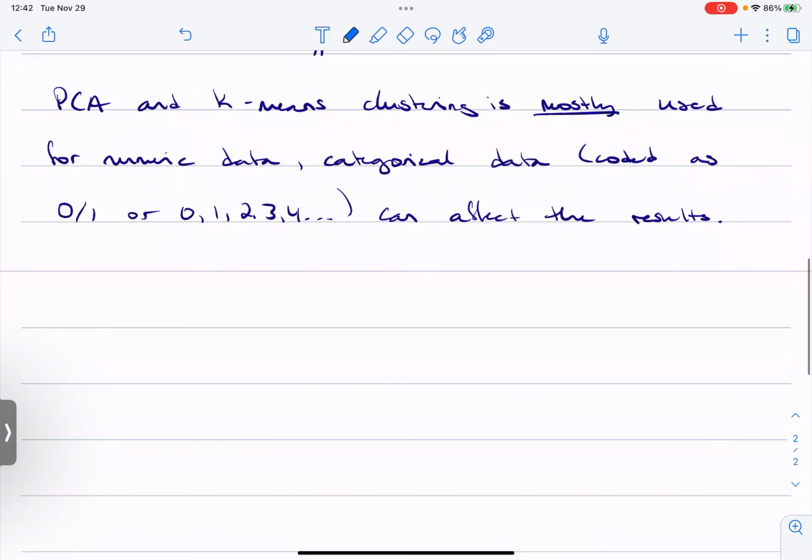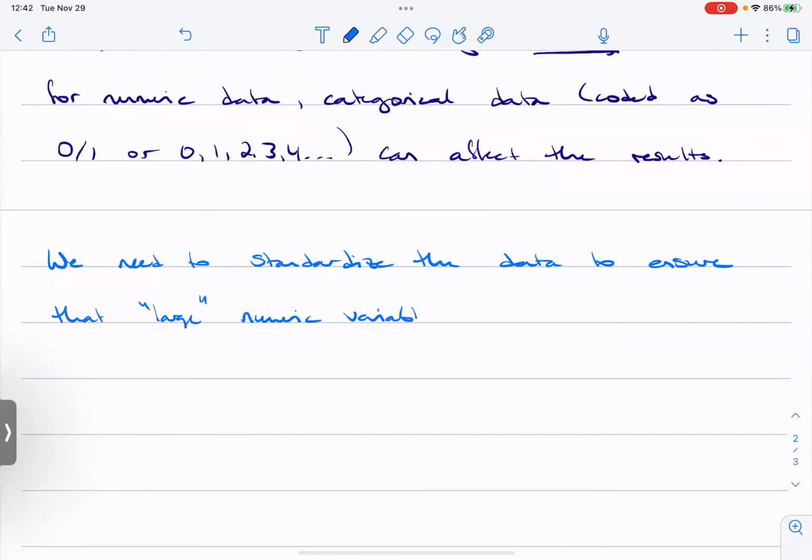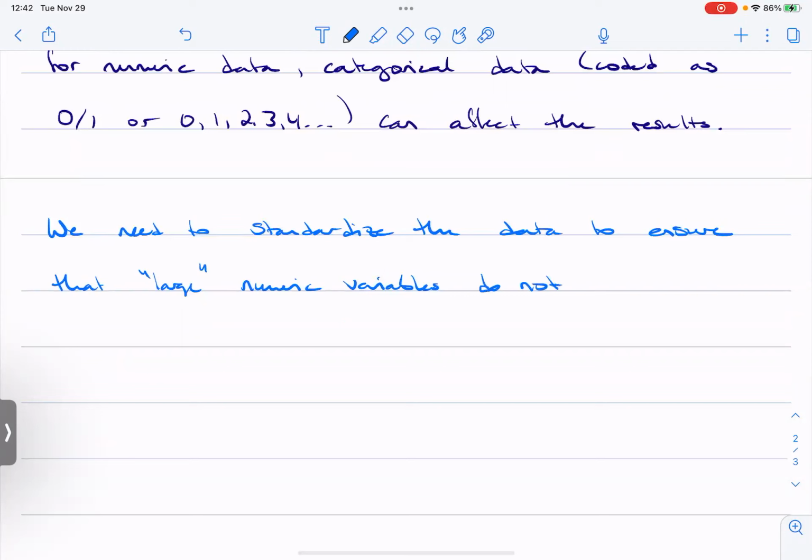So we need to standardize the data to ensure that large numeric variables, and by large I mean the scale that they're on, do not overtake the clusters. And we've seen that before.